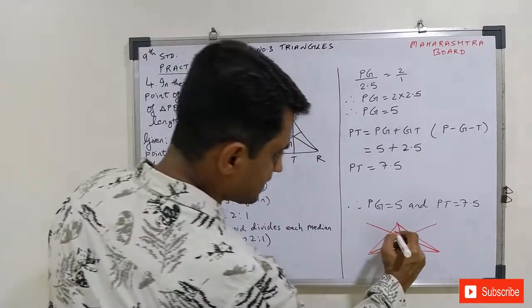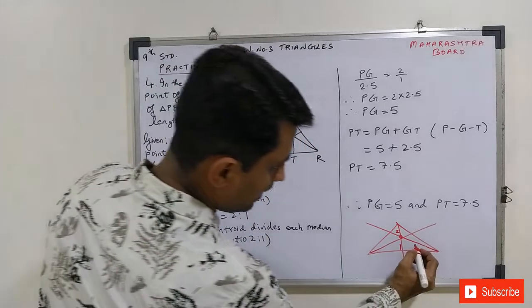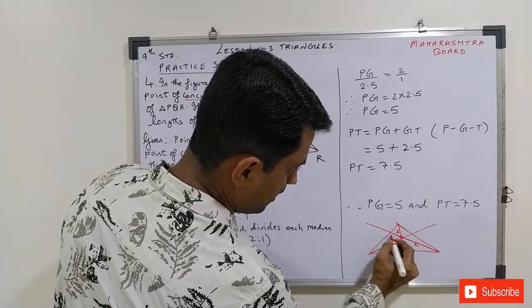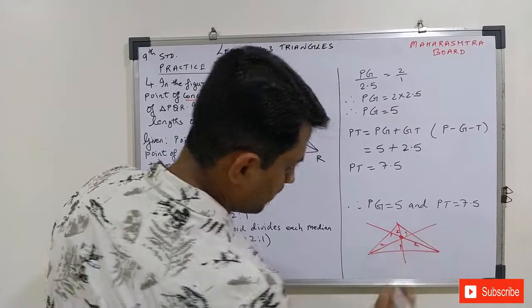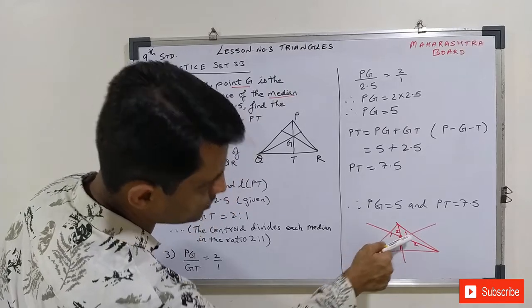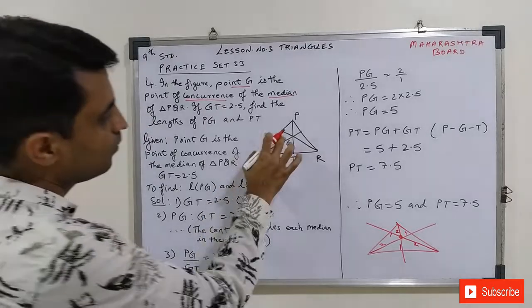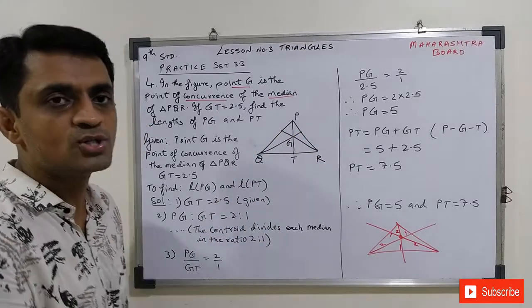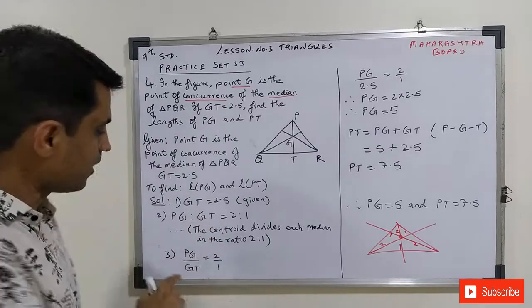The median property says it divides in the ratio of 2:1. Near the vertex it will be 2 and here it is 1. So it is 2:1, 2:1, 2:1. This point of concurrence always divides the median in the ratio of 2:1. That's why we are going to use that property.